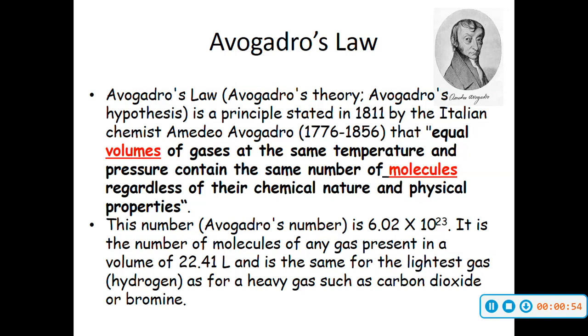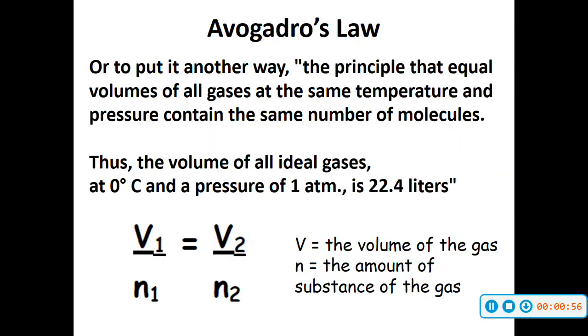So basically, in other words, his principle is that equal volumes of all gases at the same temperature and pressure contain the same number of molecules. Thus the volume of all ideal gases at STP is 22.4 liters.